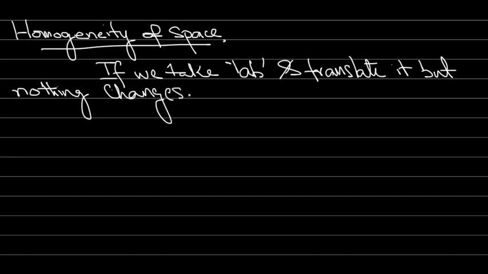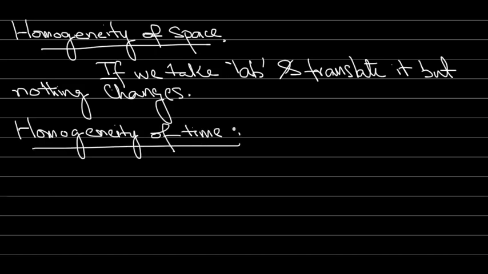And finally, we have another one that's called the homogeneity of time. And this one is again pretty straightforward. Let me write this down. This means that you have the laws of physics. Now, the laws of physics do not care about today, yesterday, or tomorrow.